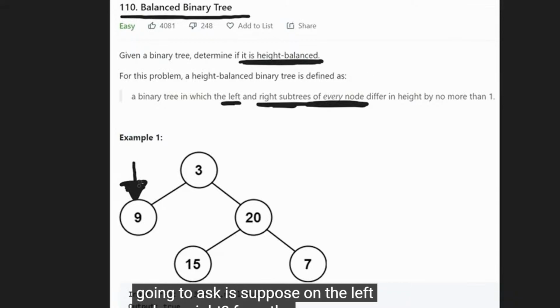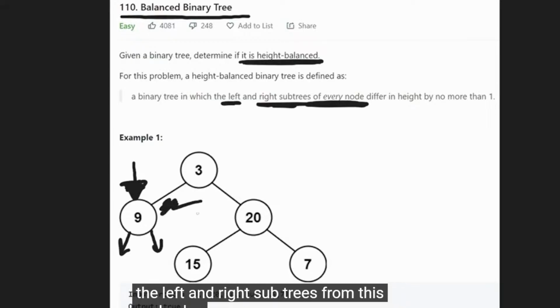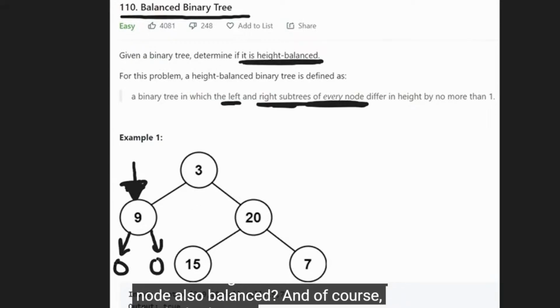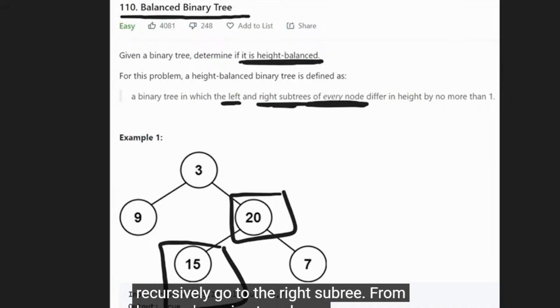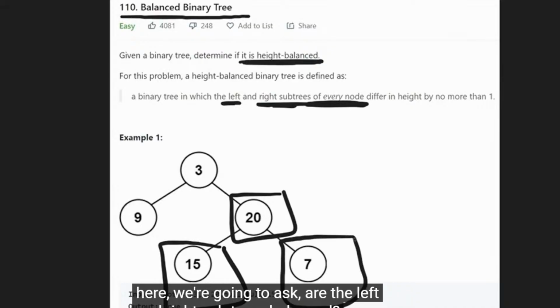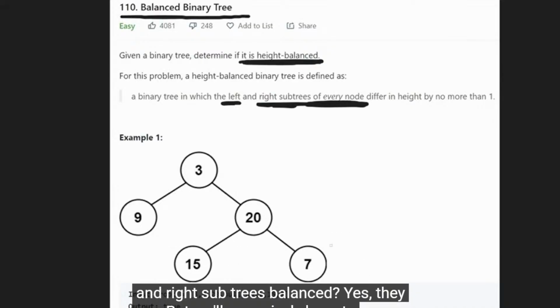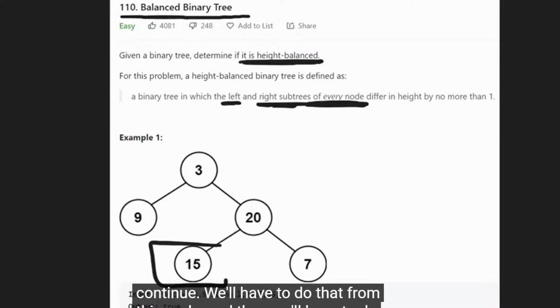From the left subtree, are the left and right subtrees from this node also balanced? And of course, they're both 0, so we determine that they are. And then we'll have to recursively go to the right subtree. From here, we're going to ask, are the left and right subtrees balanced? Yes, they are, but we'll recursively have to continue. We'll have to do that from this node, and then we'll have to do that from this node.